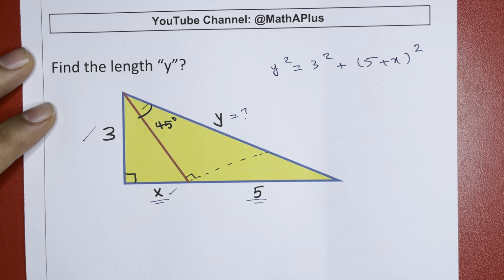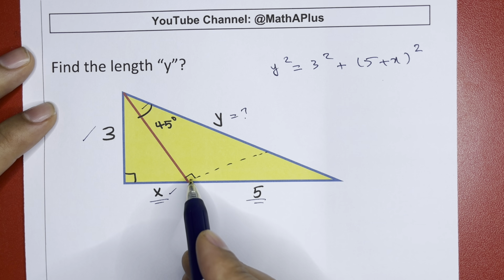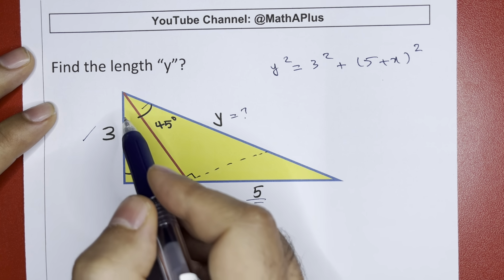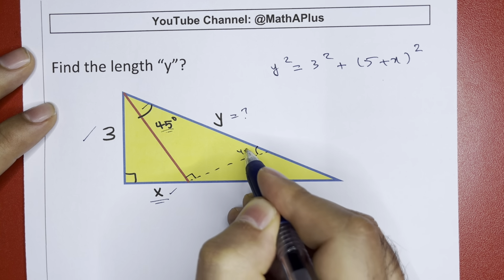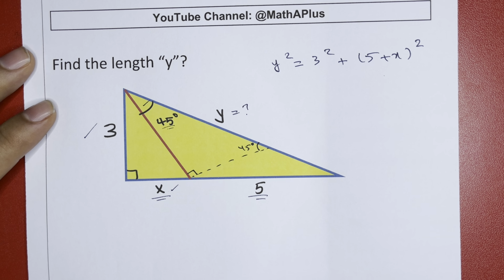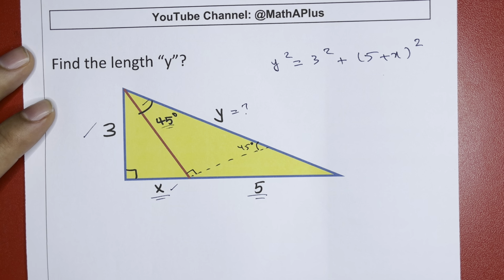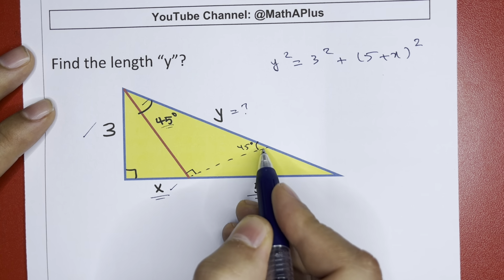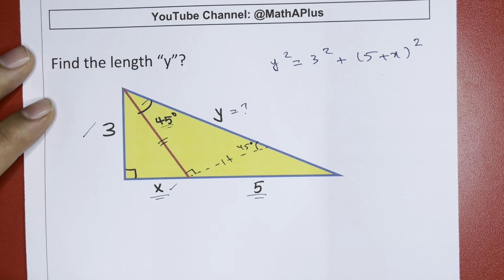Maybe I didn't sketch it perfectly, but this one is perpendicular and this is 45 degrees. That means this angle is gonna be 45 degrees as well, right? The total internal angle of the triangle is 180. So one of them is 90, the other one 45. Of course, the other one is going to be 45. So this is an isosceles triangle. Look at that. It means this length and this length are the same. Okay, great.